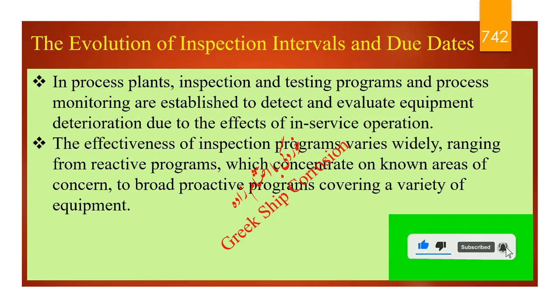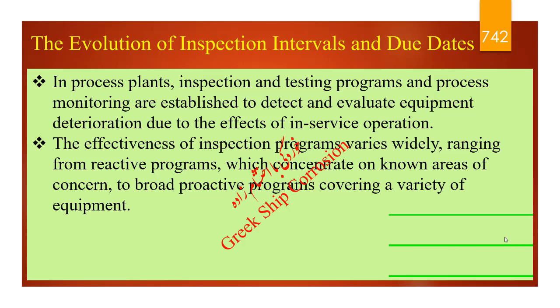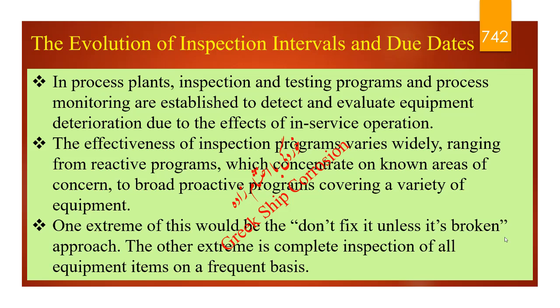The effectiveness of inspection programs varies widely, ranging from reactive programs, which concentrate on known areas of concern, to broad proactive programs covering a variety of equipment. One extreme of this would be the "don't fix it unless it's broken" approach. The other extreme is complete inspection of all equipment items on a frequent basis.